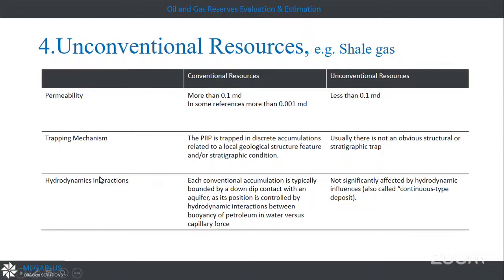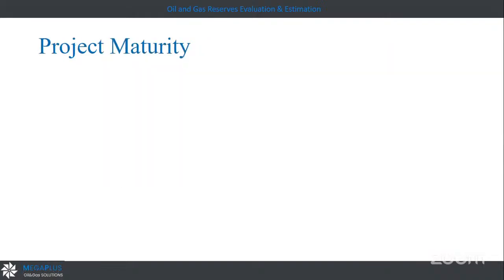For the hydrodynamic interaction, you know that the gas and the oil sit above the water. In conventional resources, the hydrodynamic interaction is present, but the unconventional resources are not significantly affected by hydrodynamic influences. So there's a difference between the unconventional and conventional resources.